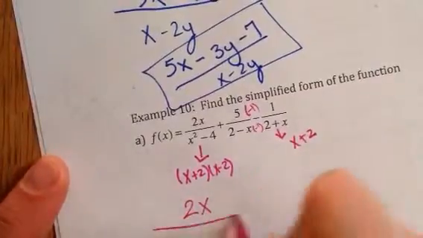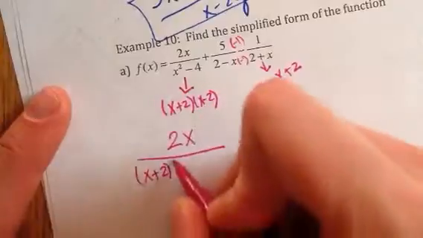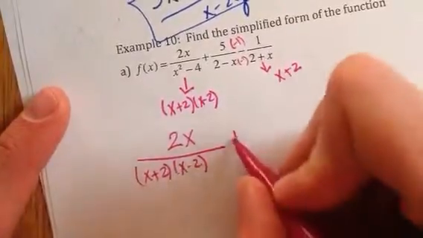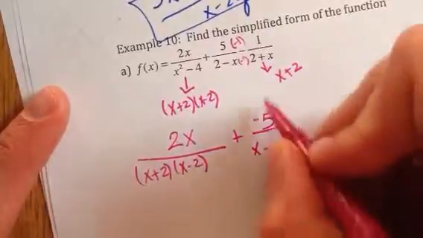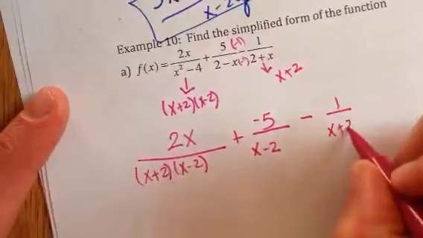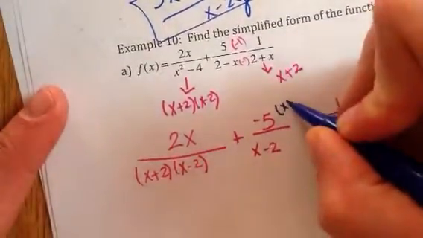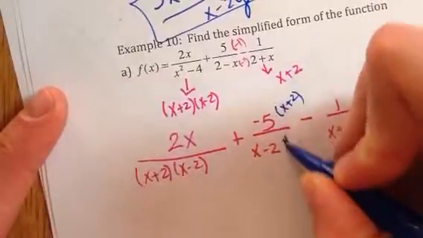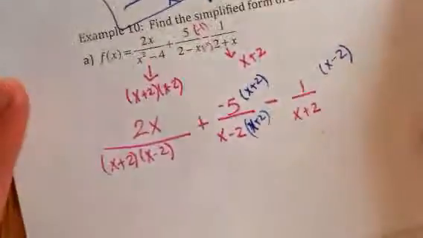So I'm going to have 2x over x plus 2 times x minus 2 plus negative 5 over x minus 2, I just changed my signs there, minus 1 over x plus 2. So this is missing that x plus 2. And this is missing that x minus 2.